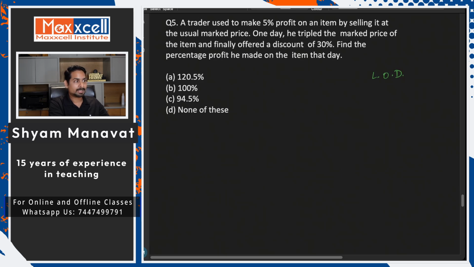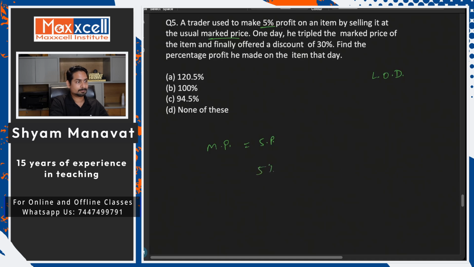A trader used to make 5% profit on an item by selling it at the usual mark price. That means in this initial case, the mark price is the same as the selling price, right? And then he is making 5% profit.